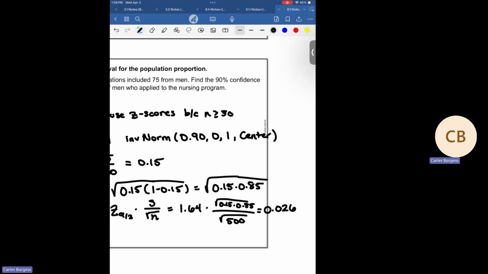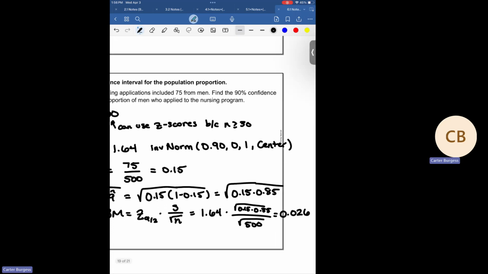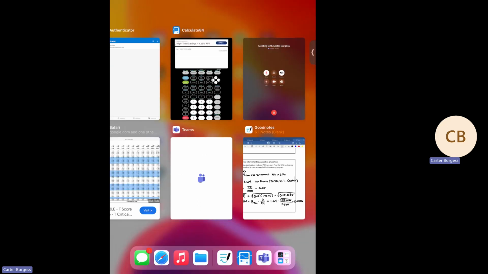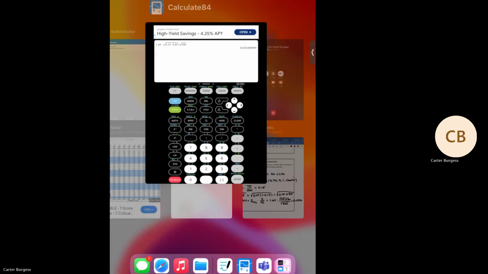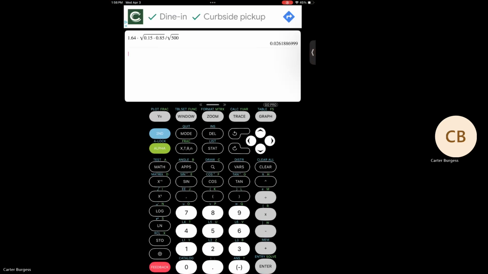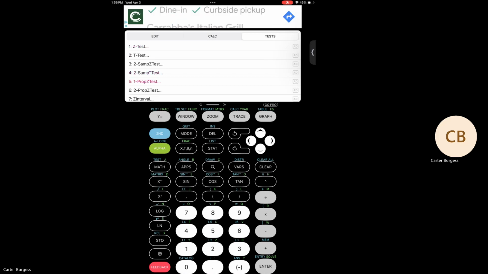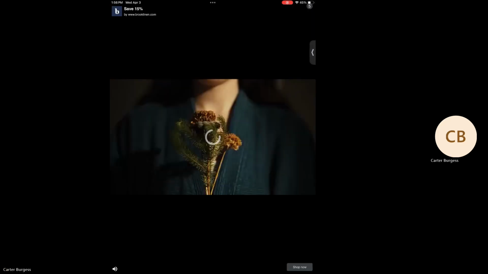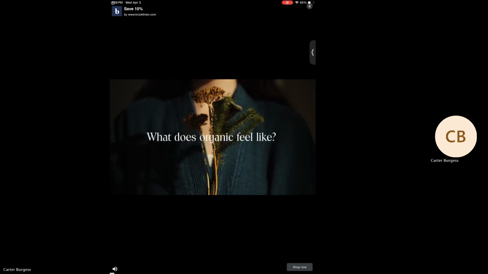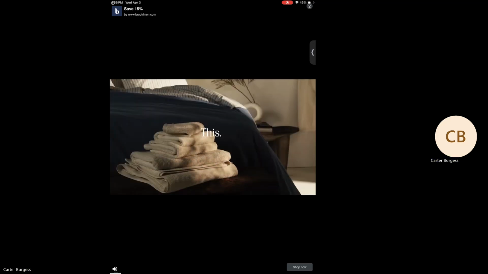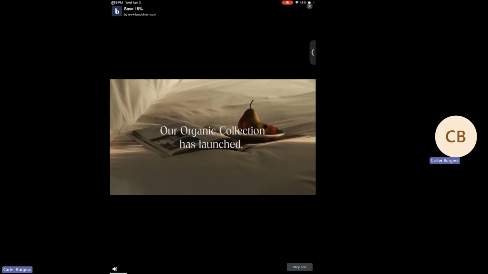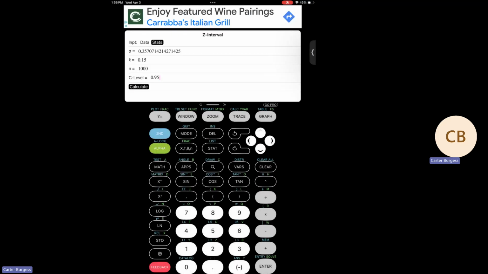Certainly we could subtract that from the mean and add it to the mean. If I wanted to do this in my calculator, where would I go for our z interval? Stat, tests, 7. We get the option for stats.